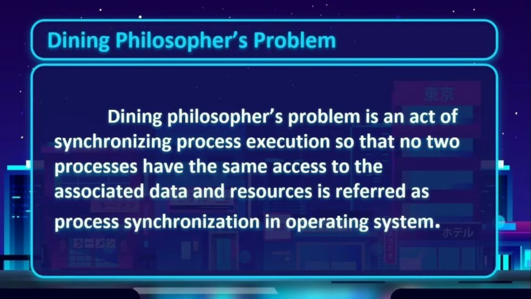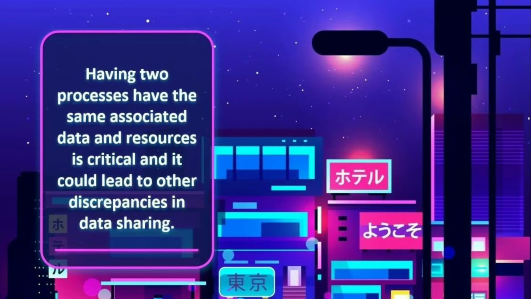Dining philosopher's problem is an act of synchronizing process execution so that no two processes have the same access to the associated data and resources, referred to as process synchronization in operating systems. Having two processes access the same data and resources is critical, and it could lead to discrepancies in data sharing.